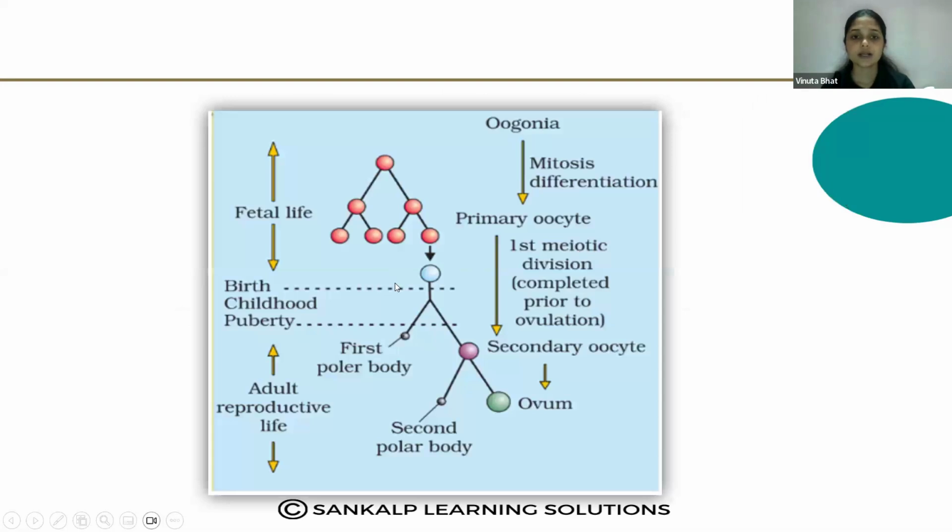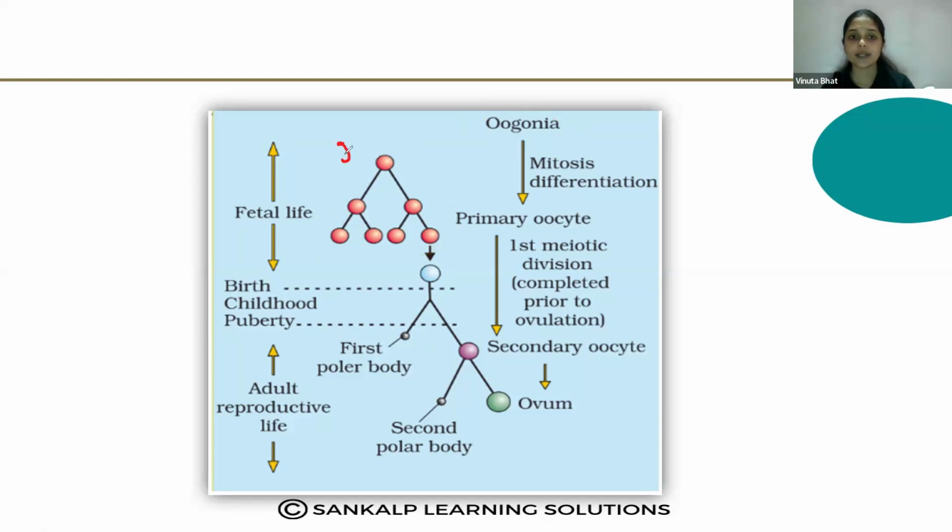So here you can see the schematic representation of oogenesis. See here, the oogonial cells are formed just before the birth of the baby. In fetal life, the multiplication of the oogonial cells takes place.